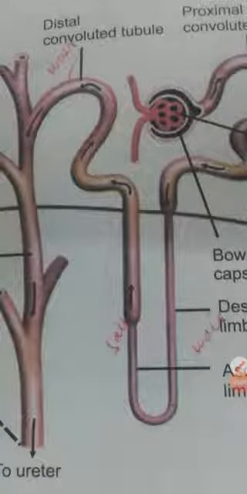Now the next process will take place, which is called tubular secretion. Tubular secretion is the third step in the formation of urine. In tubular secretion there are different ions like creatinine and urea. They will move into the urine from the blood.